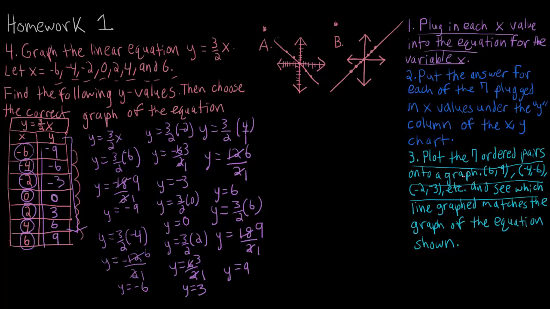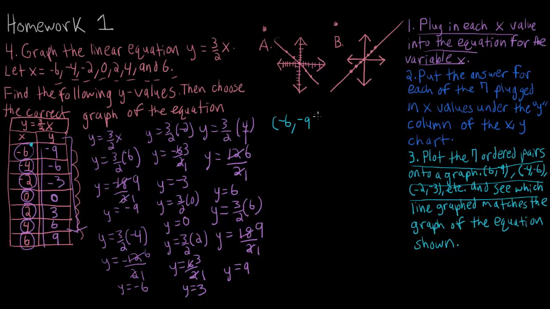Just put in each ordered pair and see which line graph matches the graph of the equation shown. So all of these numbers right here are x and y values. They make up ordered pairs. So the first x value, negative 6, and its y value make an ordered pair.